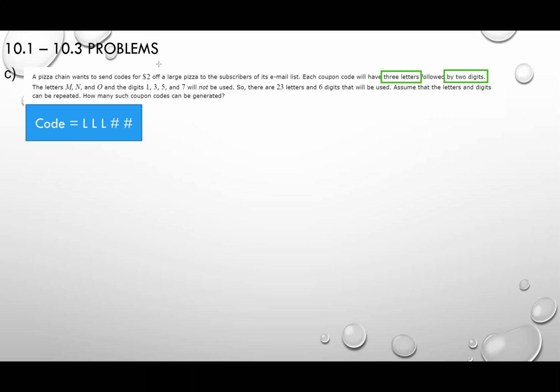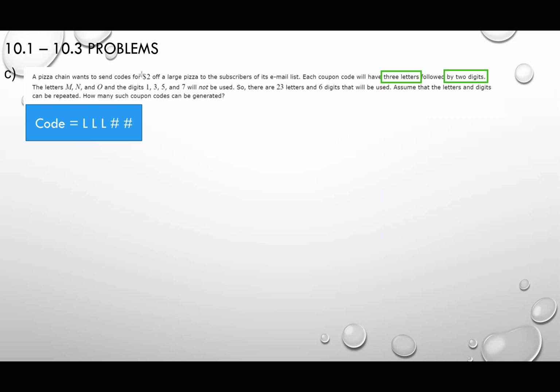Everybody can see that we have 3 different categories in terms of letters and 2 different categories in terms of digits, so in total I have 5 different categories. Similar to problem A, we have 5 categories. It's just that they give you the specific names, like appetizer, main dish, dessert, side dish, salad. This one here, we just have 5 different categories.